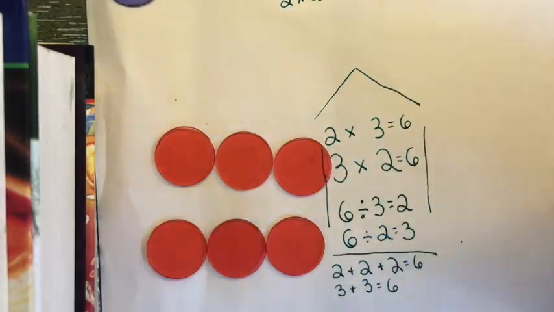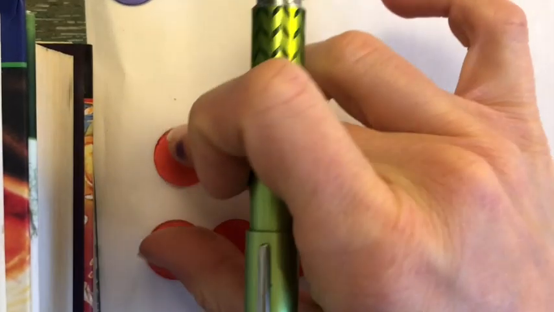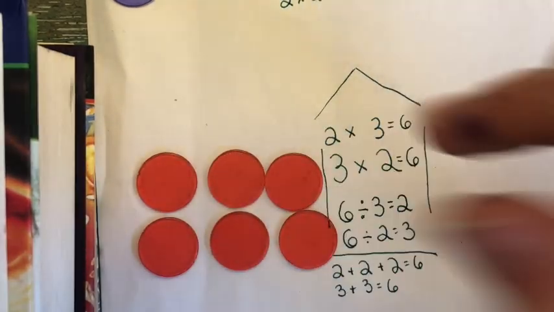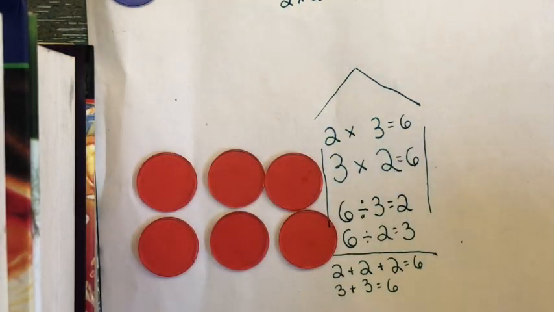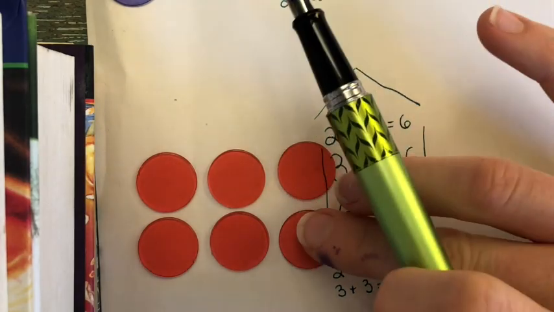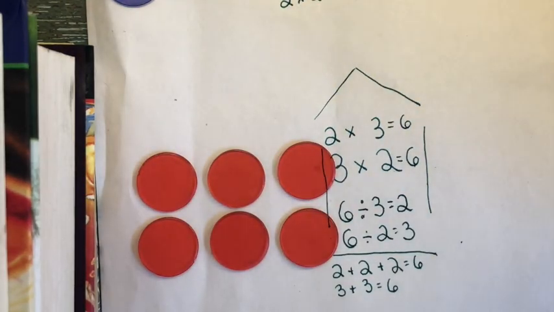All of these equations are describing this one array. That's what I mean when I say arrays help your mind to see what your numbers mean. Arrays are a way of visualizing all of these multiplication and division and addition facts, because all they are, they're kind of a signal to your brain, a picture your brain can use to understand what it's seeing.